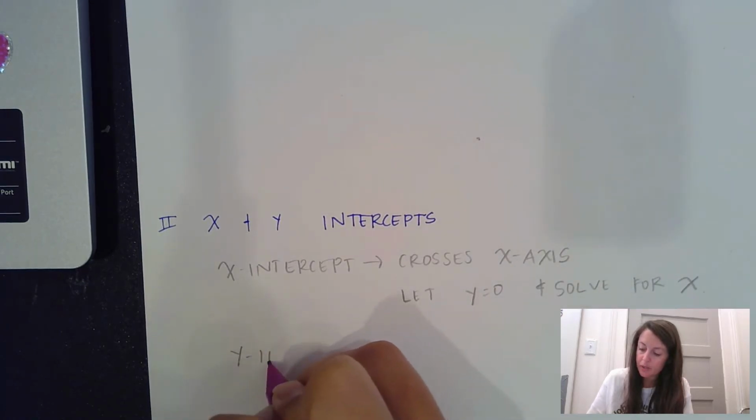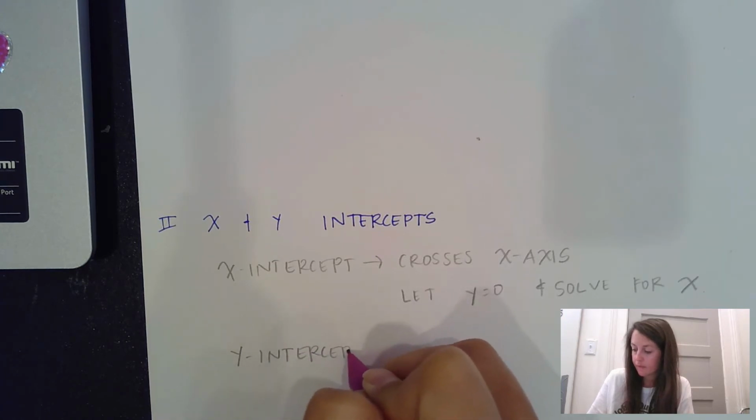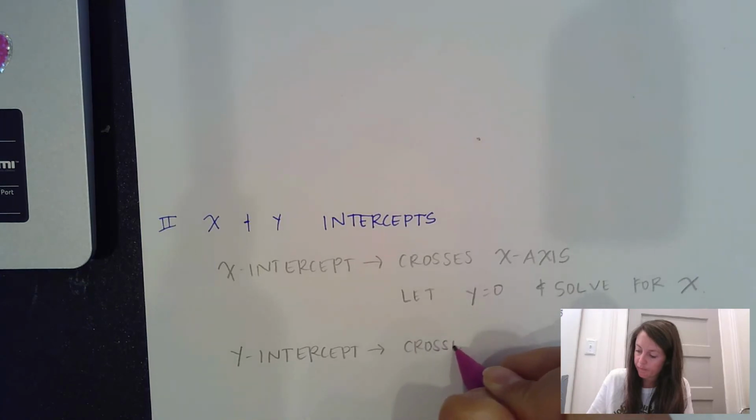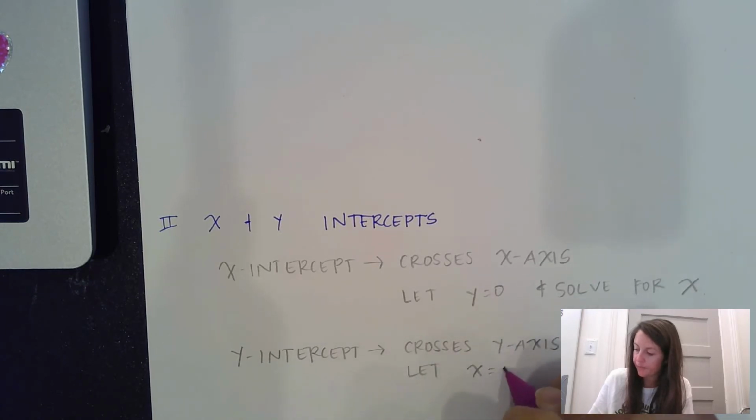The y-intercept is when it crosses the y-axis. So let x equal 0 and solve for y.